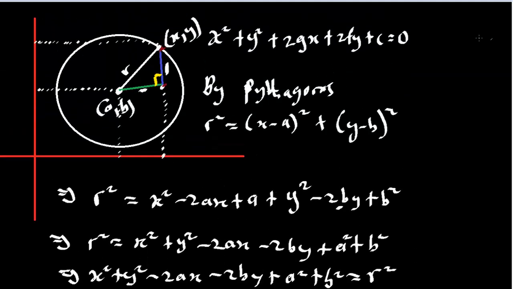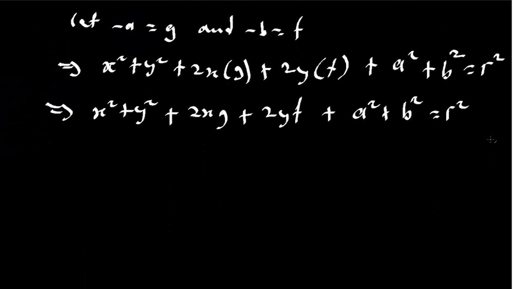Now, if you look at the general equation of the circle as we started, you can see that this place is 0. Here is 0. That means that we are going to send the r square to the left side of the equation. So here, we are simply sending this one to this side. So that means that we have x square plus y square. And then here, note that when you talk about multiplication, multiplication is commutative.